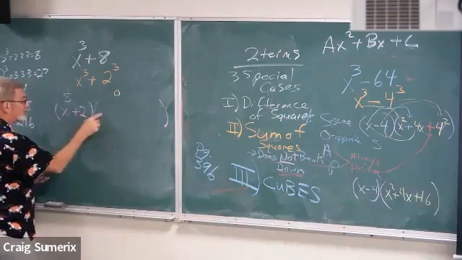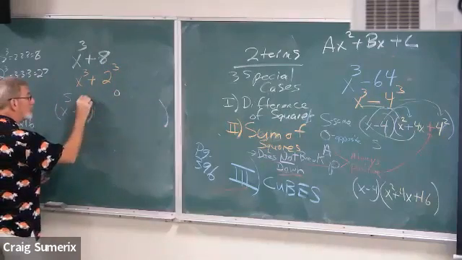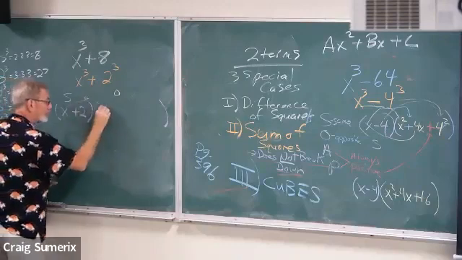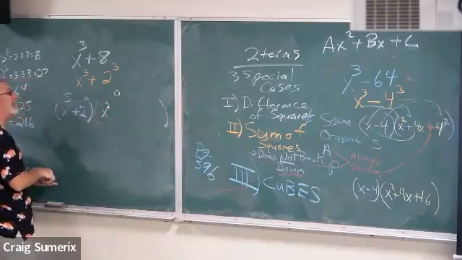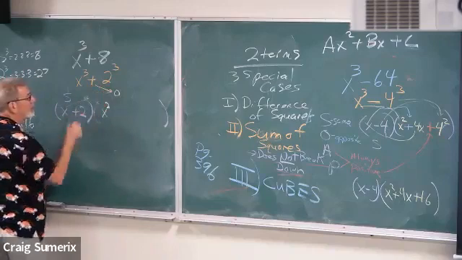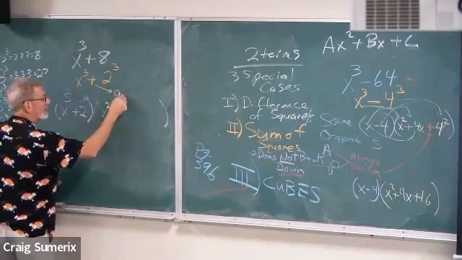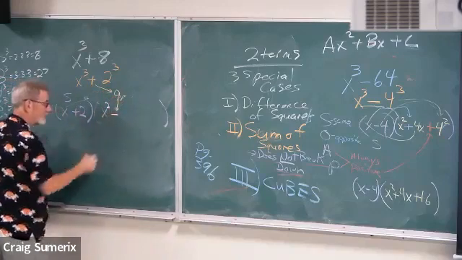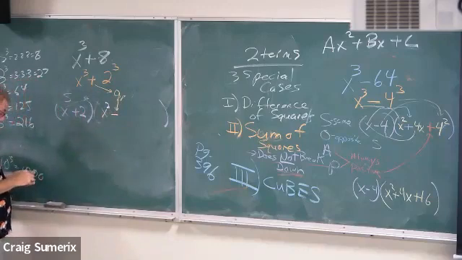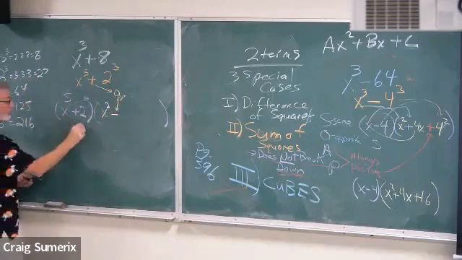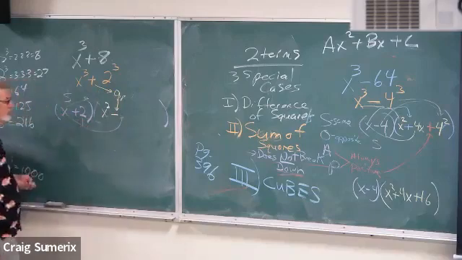So this first one's going to be x squared. Then it'll be the opposite sign. What's the opposite of adding? Subtracting. And you take these two and multiply them to give you the middle term. 2 times x is 2x.